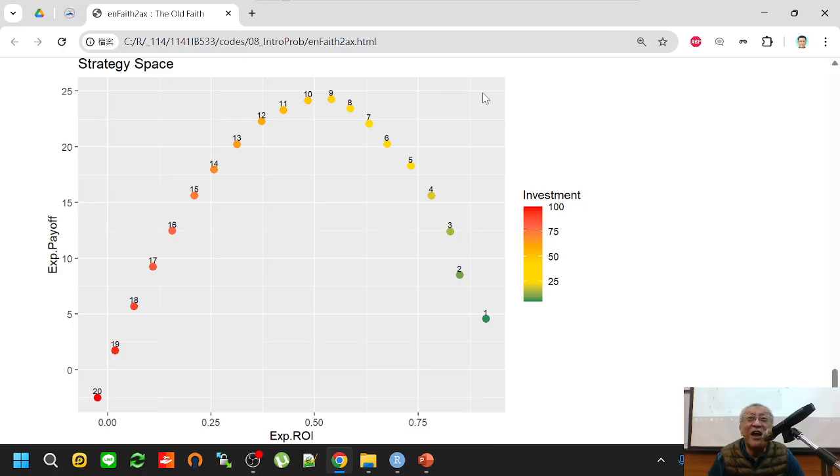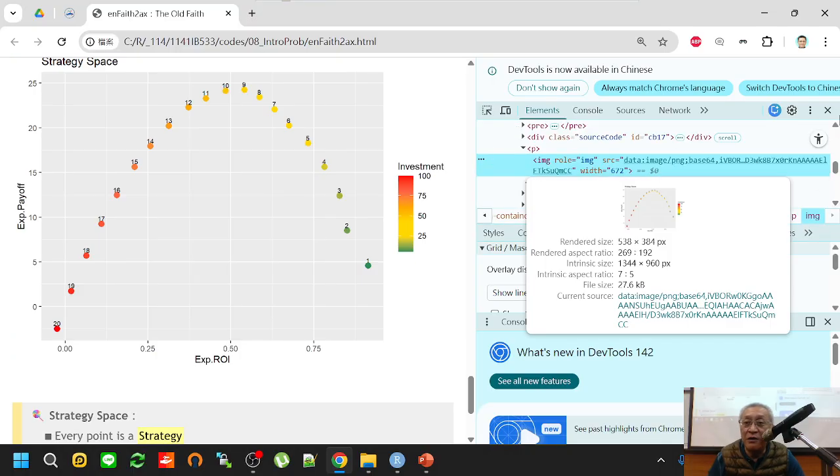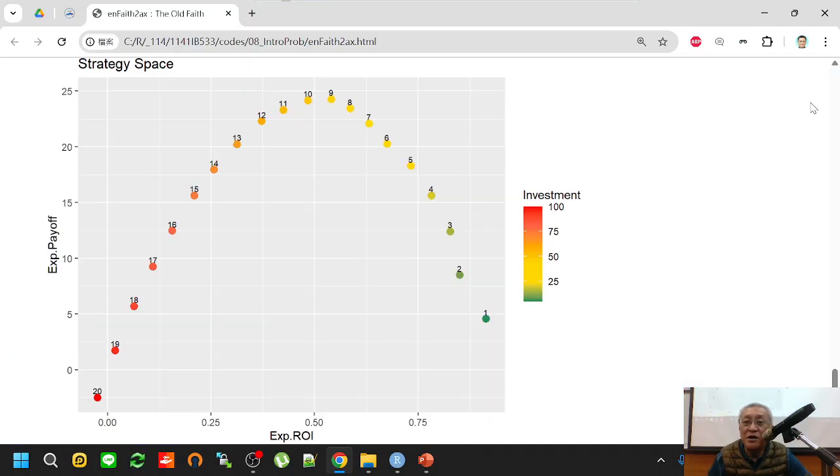When it's green, you invest only a little money, but when it is red, you invest a lot of money. From this plot, can you see the reasonable and unreasonable strategies?